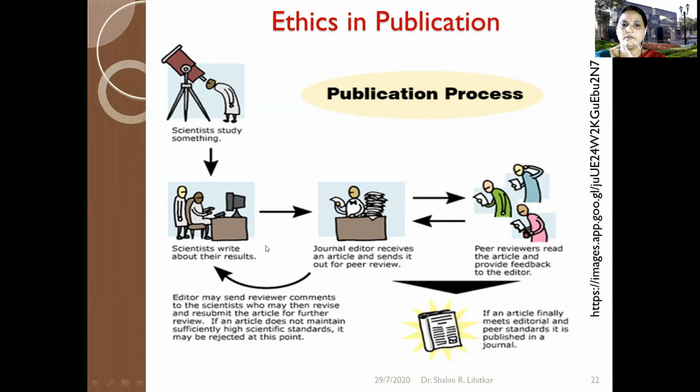After that, the scientist sends the paper to the journal editors, and the editors send that paper for peer review, and peer reviewers read the papers and provide feedback. After that, the editor will send the reviewers' comments to the scientist, and whatever revisions are needed, we have to resubmit, and after that it will finally be available in the publication or journal.